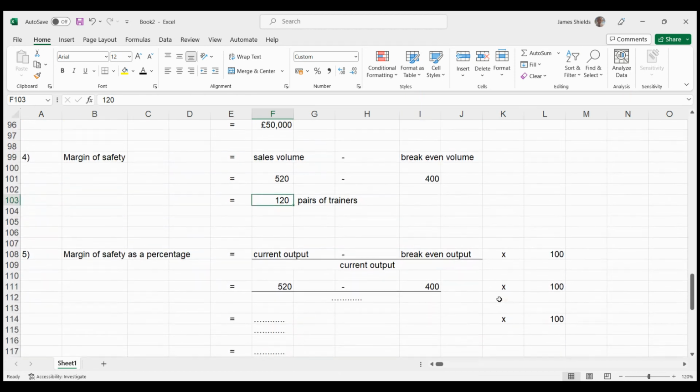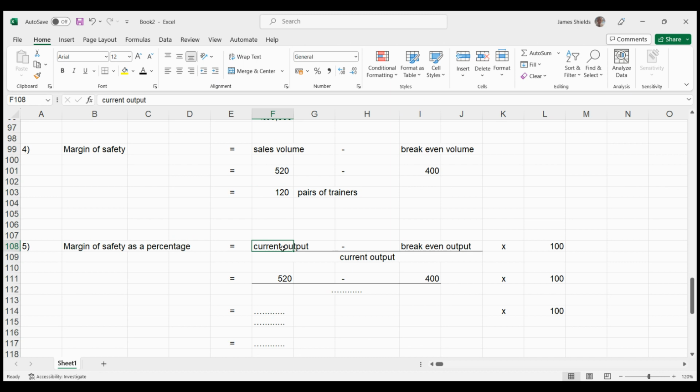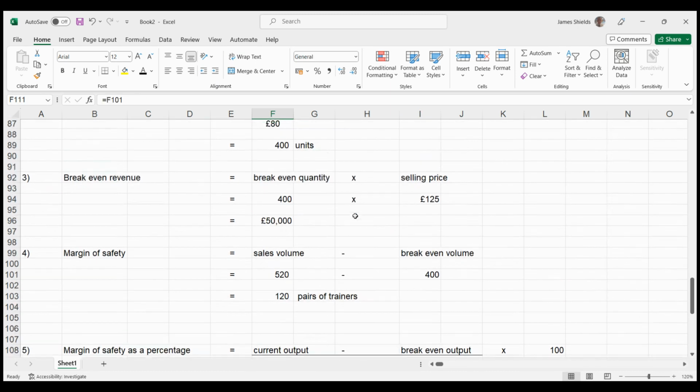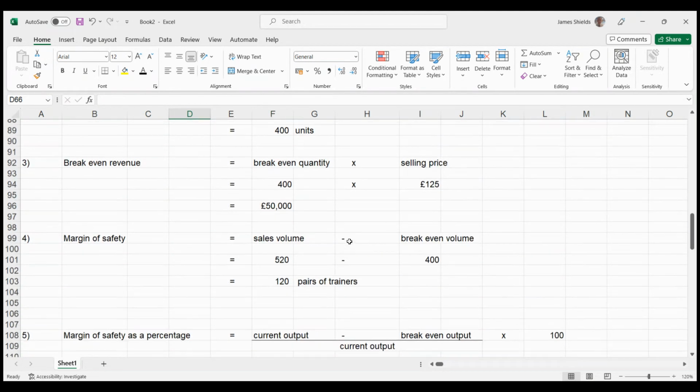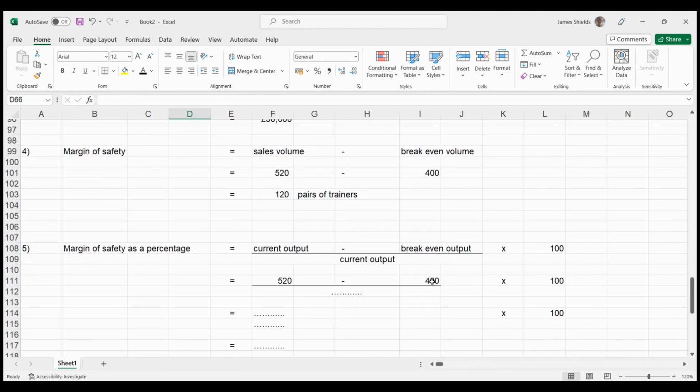Now the margin of safety as a percentage is the current output, which we were told was 520 pairs of trainers, in question part 4. The break-even output we worked out was 400 units, over the current output, which is your 520 units. Then times by 100 to convert it to a percentage.